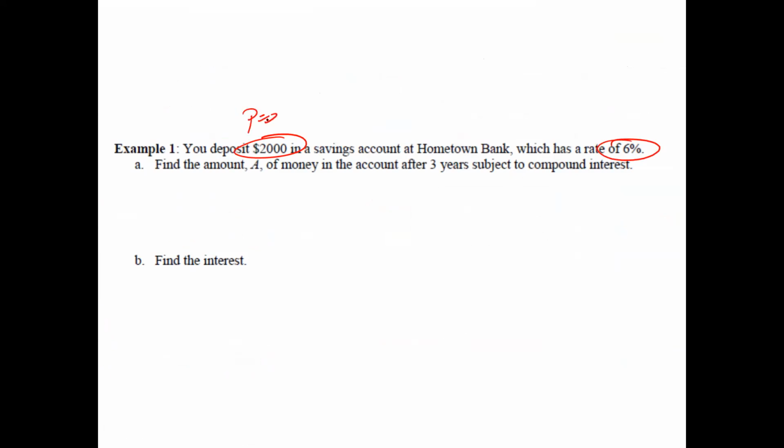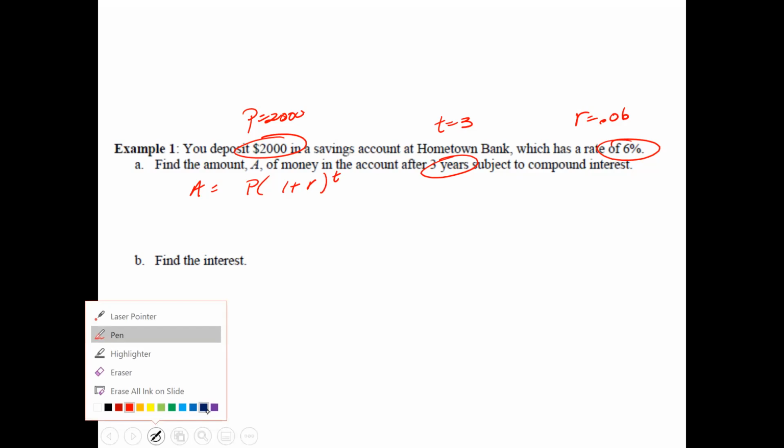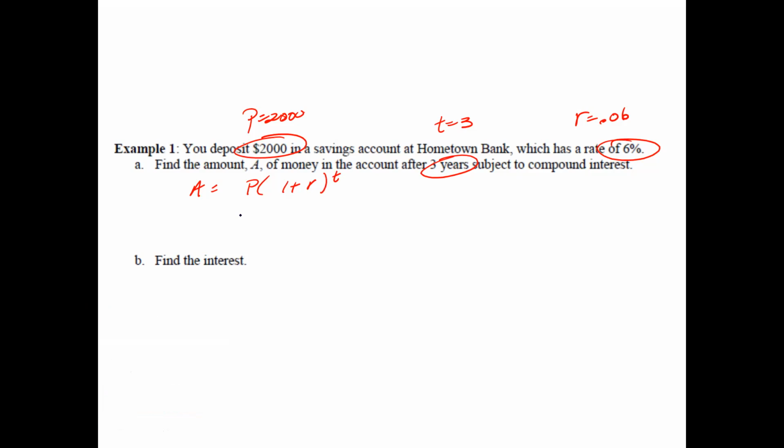So your P is $2,000. Your rate is 0.06 and 3 years. So T equals 3. All right, so let's take a look at this. A equals P, 1 plus R to the T. All right, so we're going to put in 2,000, 1 plus the rate, 0.06 to the 3 years. And keep in mind that's an exponent right there, okay?